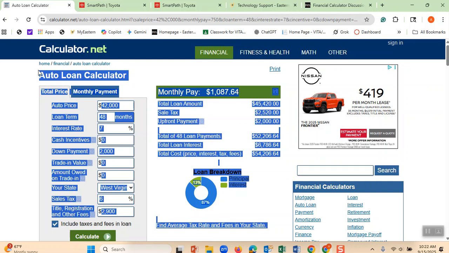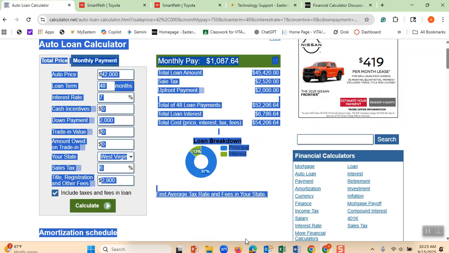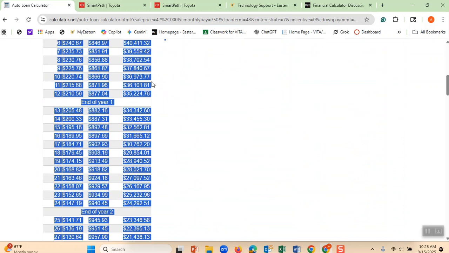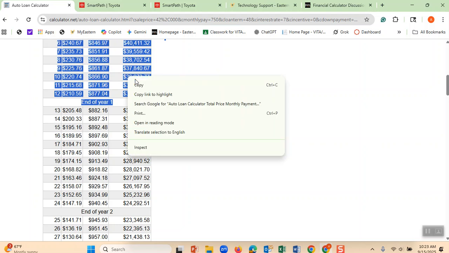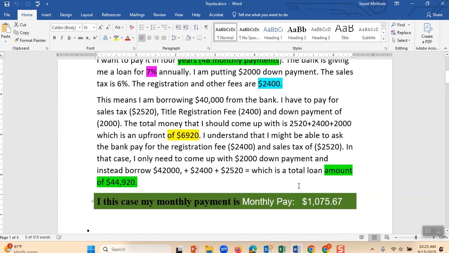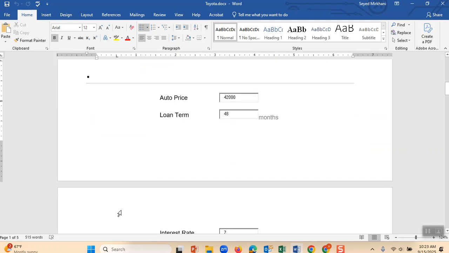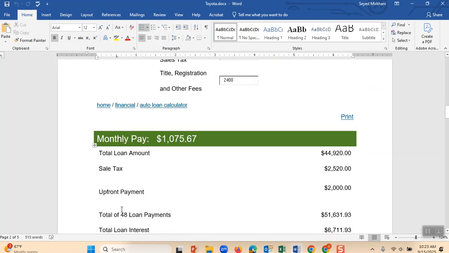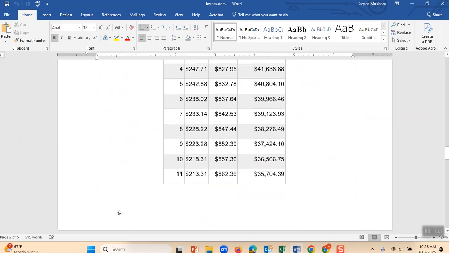I went there and I put the highlighter here, and from here all the way up to here, and I right-clicked and clicked copy. Then I went to Microsoft Word and clicked here, and I clicked paste. And look at here. It pasted everything, and it even pasted that table.